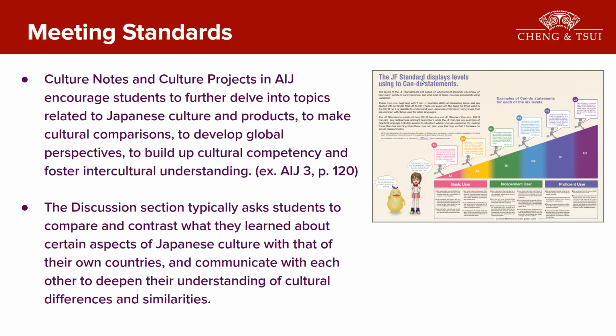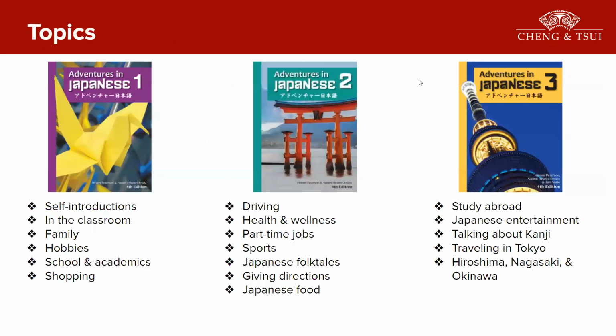Students are expected to communicate with each other to deepen their understanding of cultural differences and similarities. Not only has AIJ selected topics that appeal to high school students, like those I listed here, but the textbook also includes situations which the students are likely to encounter in their daily life.